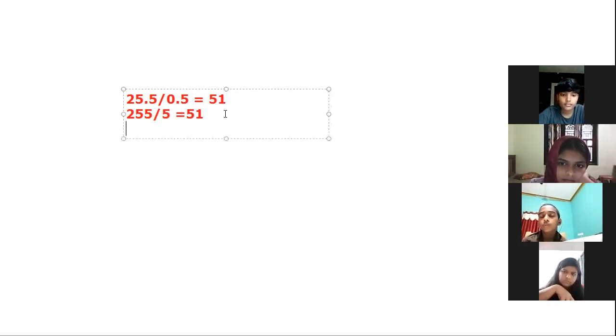Let's check how you get this 51 in both cases. For that, I am changing 25.5 into a fraction. How will you change 25.5 into a fraction?